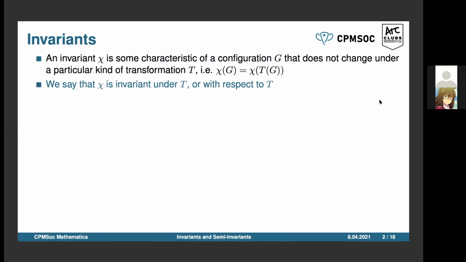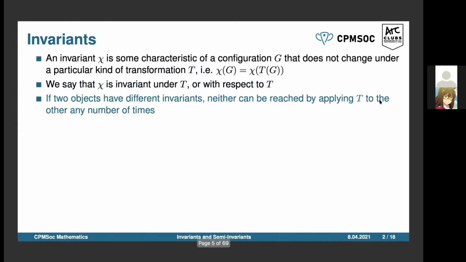So we say that the invariant is invariant under the transformation, or with respect to the transformation, in the context of the configurations that we're looking at. So if you know that the invariant doesn't change when you apply the transformation, that lets you say something about whether applying the transformation to G can get you to some other state of the system.